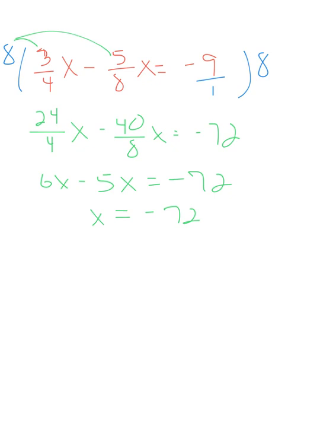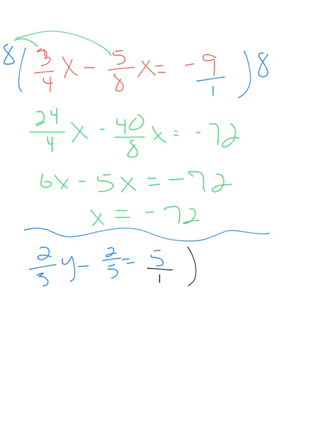Why don't you go ahead and try this problem on your own. 2/3 y minus 2/5 equals 5. Go ahead and pause, try it out, and turn it back on. See if you get this. Common denominator of 3 and 5 is 15. 15 times 2 is 30.